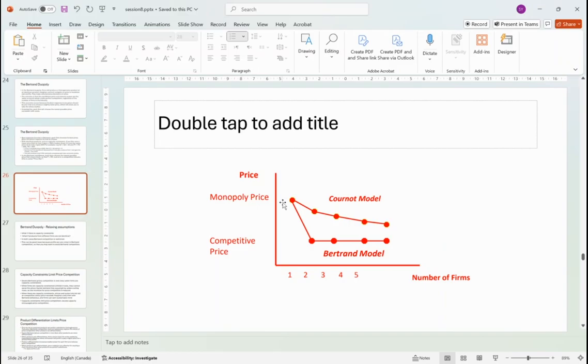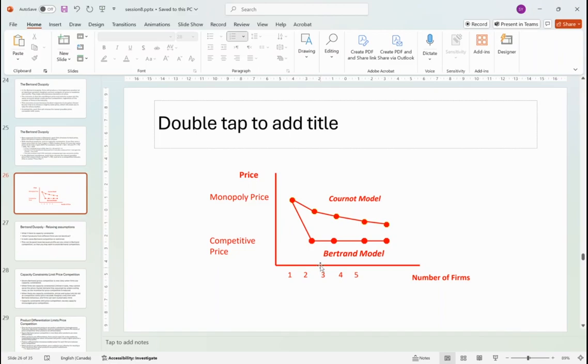So the price drops gradually as the number of firms in the market increases. But under Bertrand, as the second firm enters the market, we immediately reach the competitive price, and we are going to stay at the competitive price no matter how many firms are in the market, right? So this is how the Cournot model price and Bertrand price are going to be different.